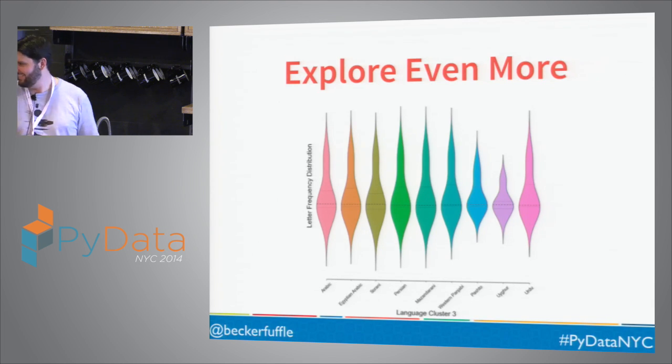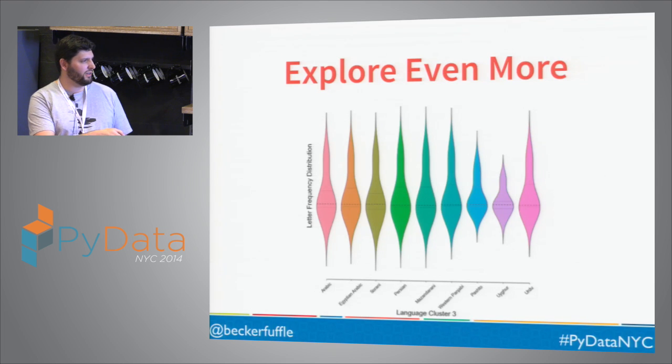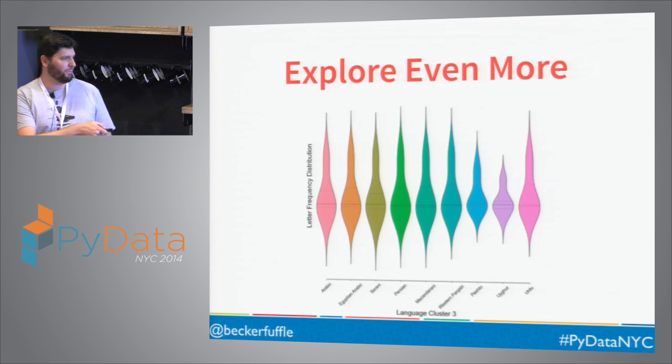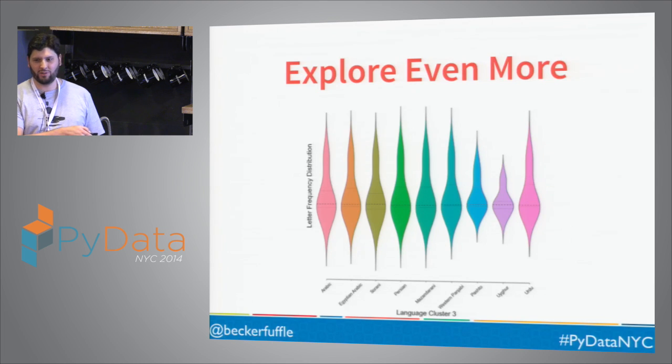All right. Cool. So anyway, what we're seeing here is the distribution of the letters. I purposely didn't label the y-axis because I had to do something a bit nasty here because, long story short, these don't correspond one-to-one to actual letter frequencies.